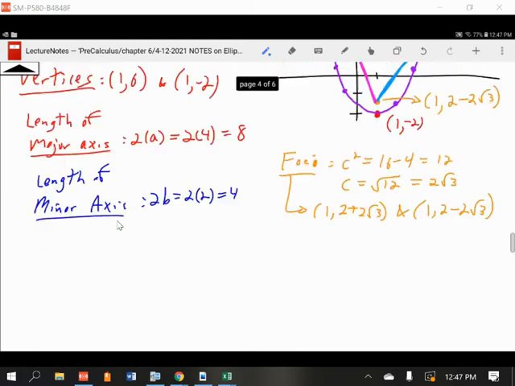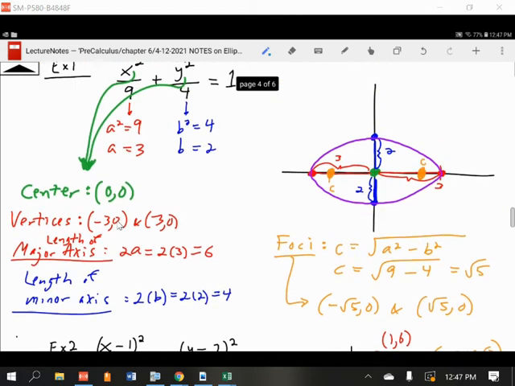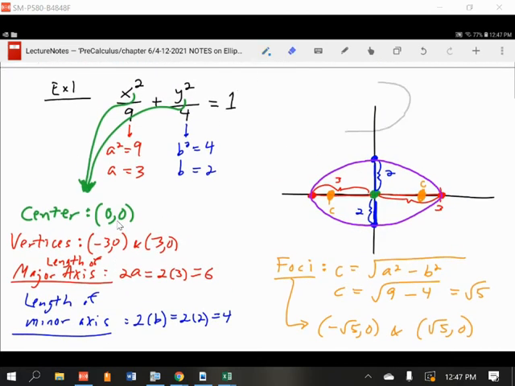C divided by A. So it's something they also ask in each of these problems: what is the eccentricity? Okay, so the eccentricity is C divided by A. For this first one, remember C was the square root of 5. And what is the square root of 5 over 3? The square root of 5 divided by 3 is 0.745, which is closer to 1 than it is to 0.